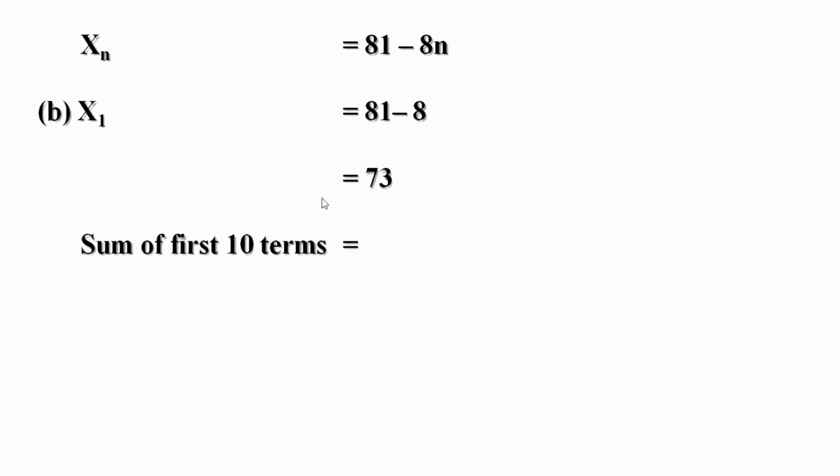Now we have to find sum of first 10 terms. For that, let us find out the first term. First term is 81 minus 8 into 1 or 81 minus 8, that is 73. Now sum of first 10 terms equal to n by 2 into first term plus last term.